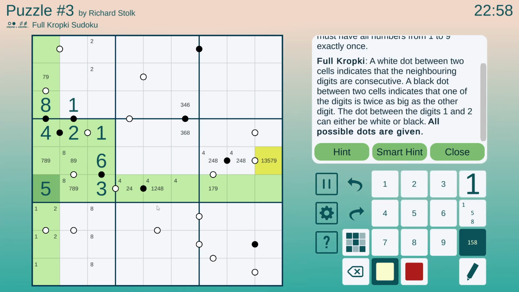Oh man. That negative constraint is kind of annoying, because who's gonna remember that? Yeah, 6 restricts 7s, but I don't really see any other way to figure out the rest of that box. So I guess I'll have to look outside of it.